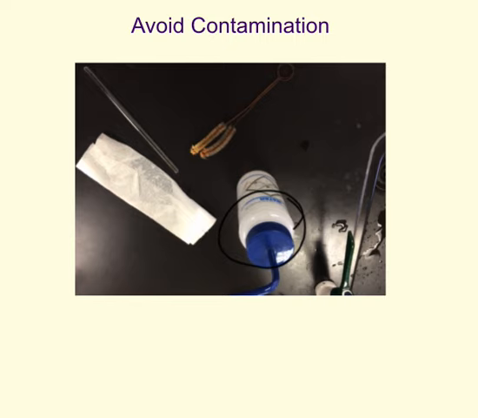Again, you can wash with them, use them to scrub, but make sure you get that final rinse with DI water. And then stir rods, you're going to stir from one test tube to the other, so make sure that you do some sort of cleaning in between, either with a DI water bottle, or sometimes people like to get a paper towel, wet it down with some DI water, and then just wipe it and then move on.